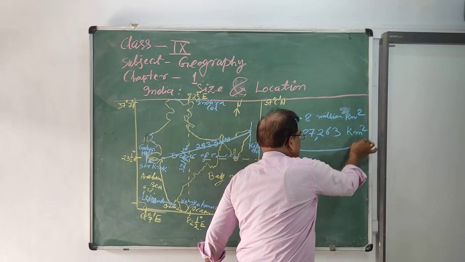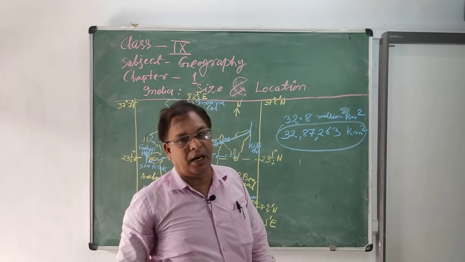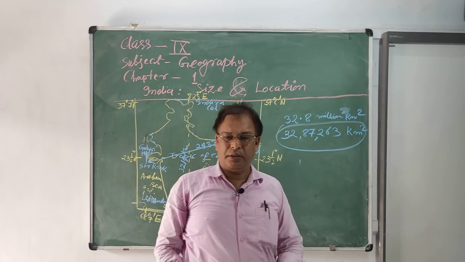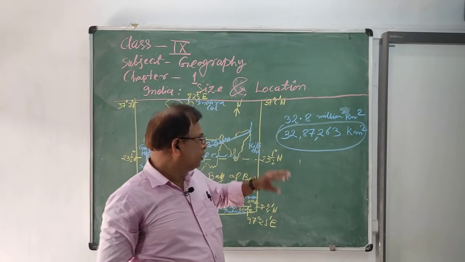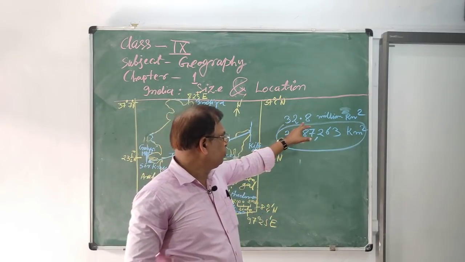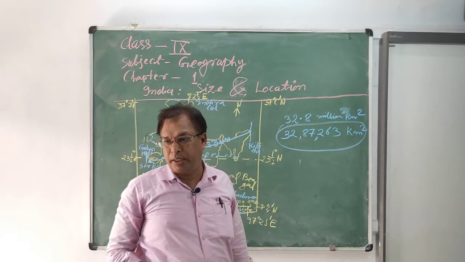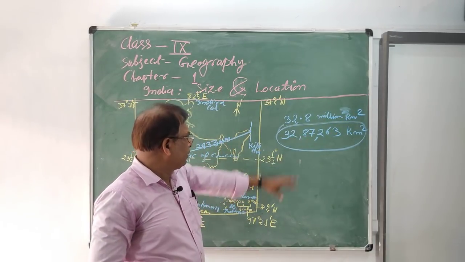It is the accurate area of India. But some scholars have only shown in the book 3.28 million square kilometers. That means approximately.